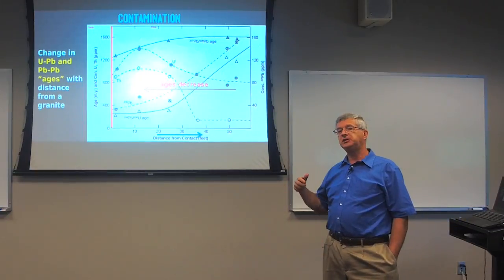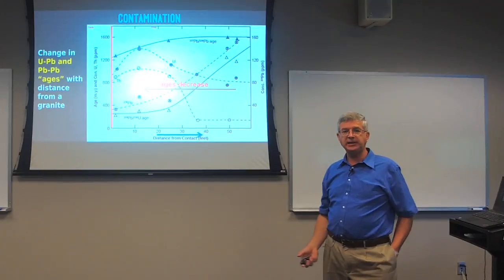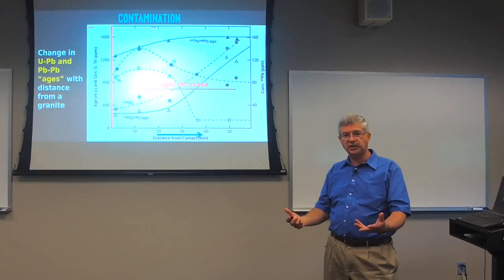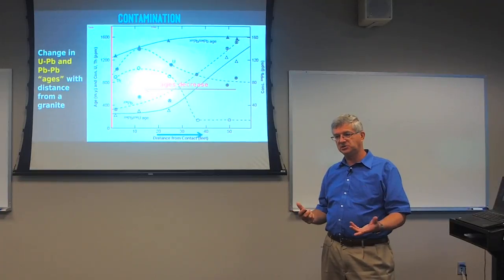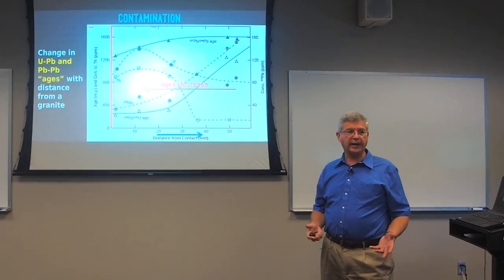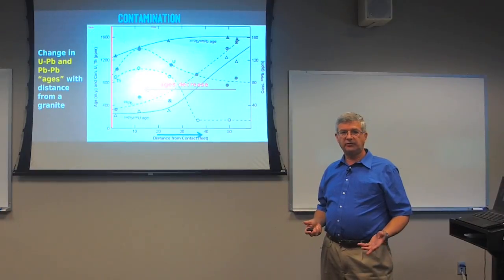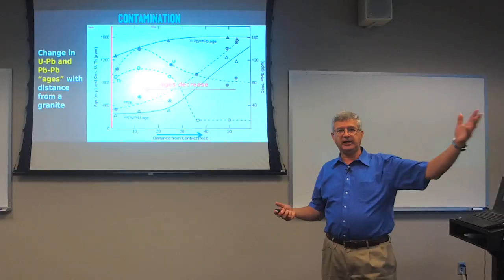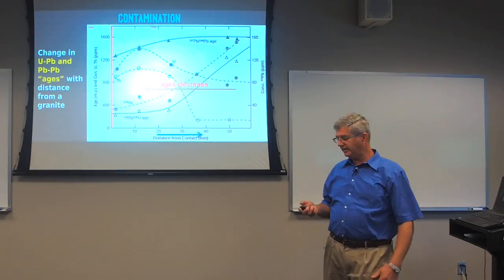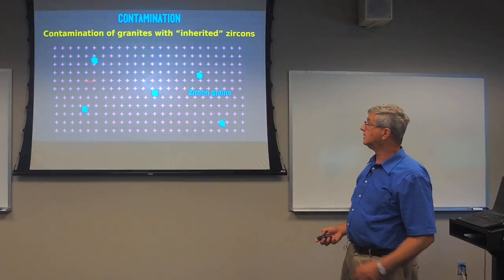Not because it's changed the decay rate, but it's changed the parent-daughter relationship. It's interfered with the concentrations of these isotopes. And so if a little bit of heat and water can do that, then what's happening out there in the outcrops that are being weathered by rainfall and groundwaters?